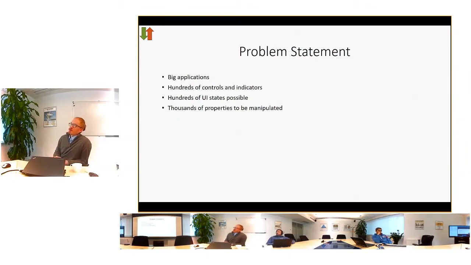Imagine a situation where you have a big application, and that big application has hundreds of controls and indicators on the screen. It doesn't even need to have hundreds. It's enough that it has tens of controls and indicators. And then you have tens of user interface states possible.